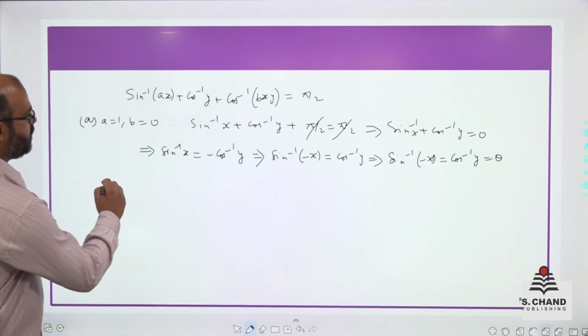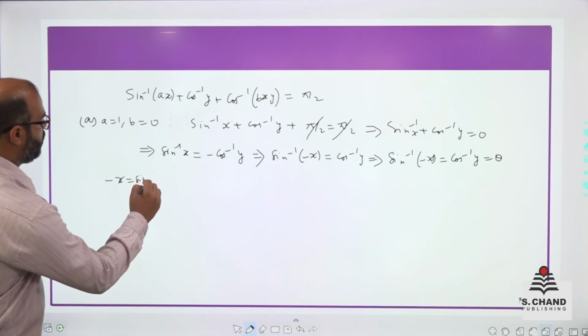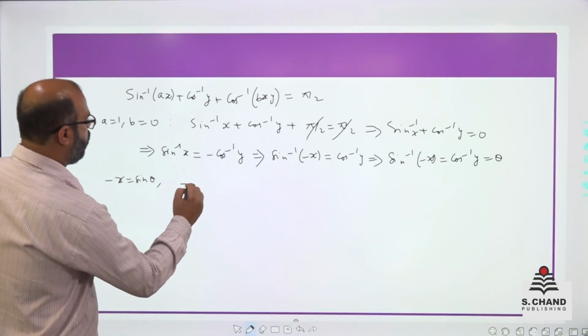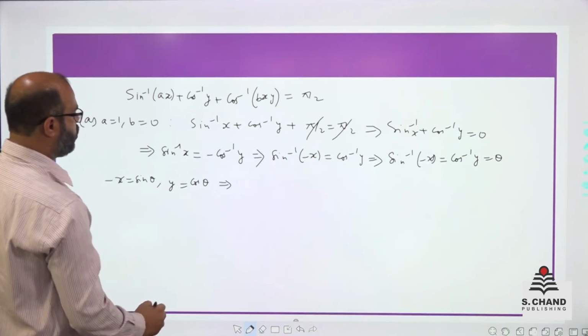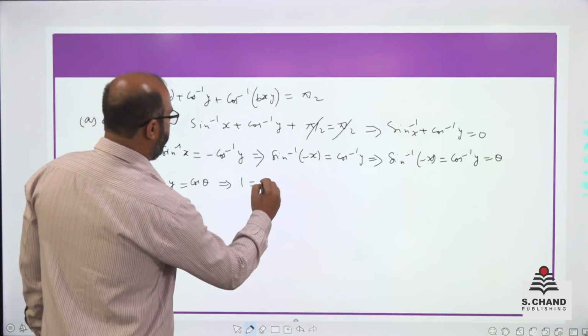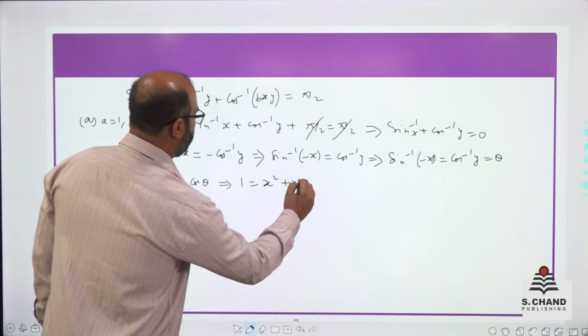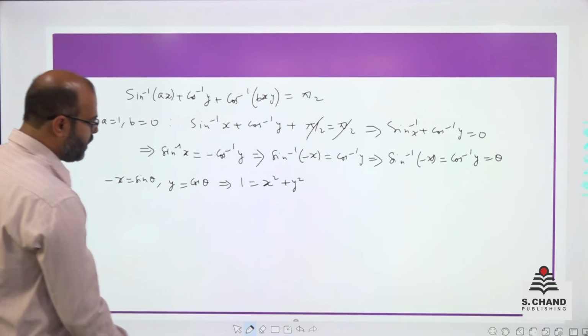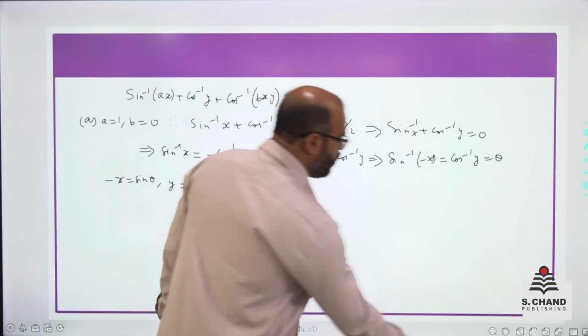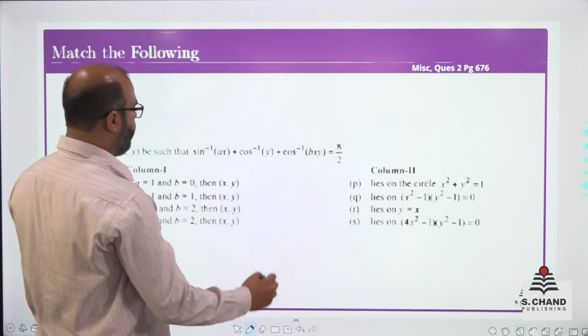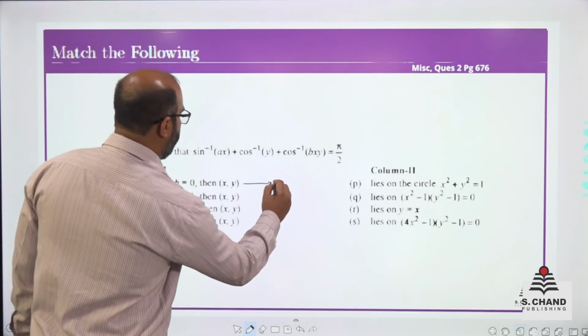So minus x is equal to sin theta and y will be equal to cos theta. In that situation, sin square theta plus cos square theta is equal to 1, x square plus y square is equal to 1. So this is what is getting satisfied in this particular case. x square plus y square is equal to 1. Option A, P.